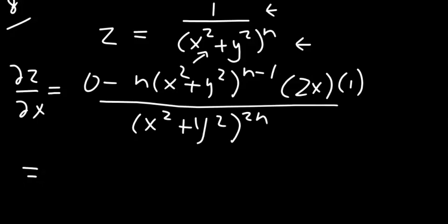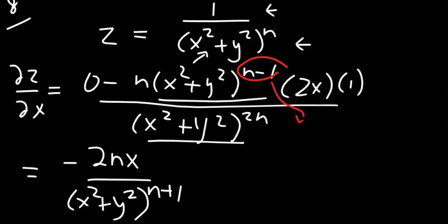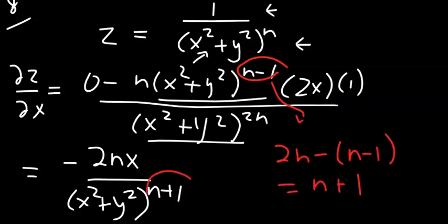When you simplify, you get minus 2nx. This over that is just x squared plus y squared to the power n plus 1. Because when you bring the power down here, it simply becomes 2n minus n minus 1, which is just n plus 1, which is that power.